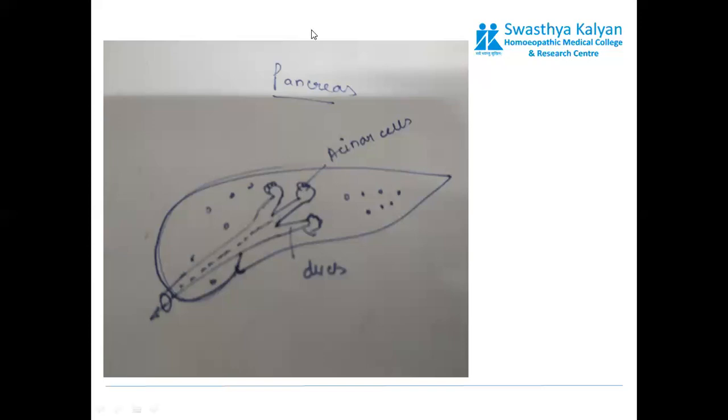And these ducts they secrete the bicarbonates. And these digestive enzymes and bicarbonates through the duct system of the pancreas are released into the duodenum. They are secreted in the duodenum.